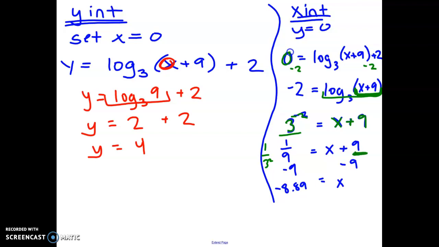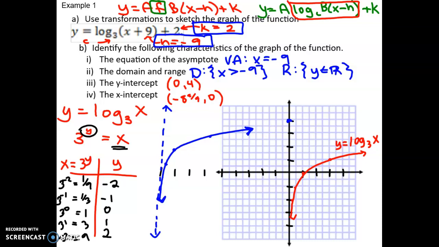So when you have 1/9 and you subtract 9, you get approximately -8.89. Which, if you look at your graph, it would be approximately there at -8.89, because it's going to be really close to -9, but not quite touching it. And your y-intercept as well should make sense that it's at 4. So those would be your x and your y-intercepts.